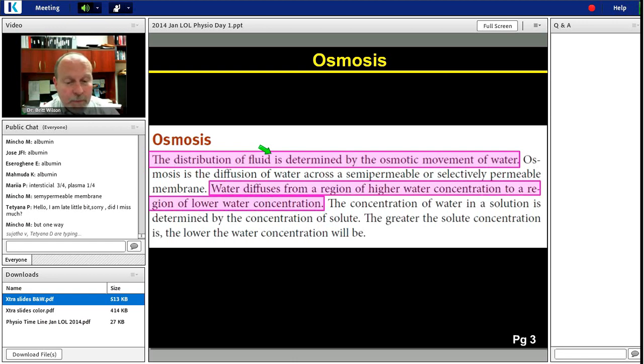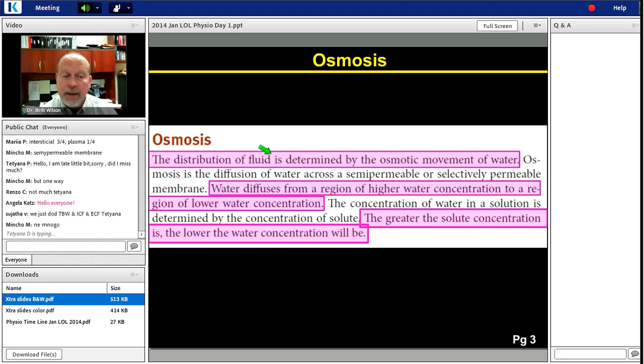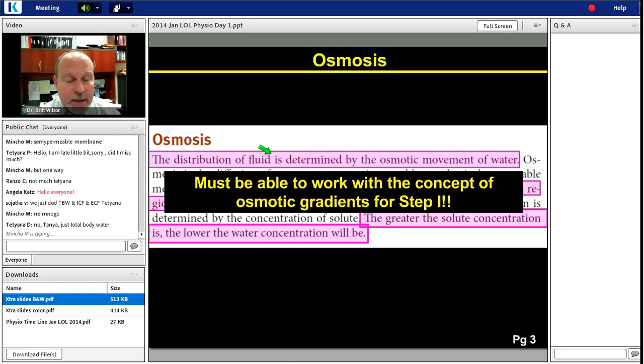Water diffuses from a region of higher water concentration to a region of lower. The greater the solute concentration, the lower the water concentration. So the more solute I have, the less the water concentration. And water is passive diffusion. Osmosis is passive diffusion. You must be able to work with the concept of osmotic gradients for step one.